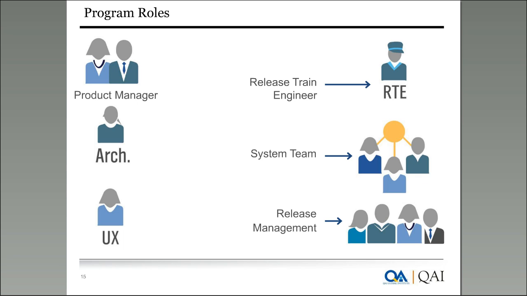That is why SAFe is becoming more popular. Now let us see how the Scaled Agile Framework gets involved in implementation. Here at a program level, as I was saying, there are multiple teams. Typically an Agile Release Train is supposed to have about a maximum of 50 to 125 people.